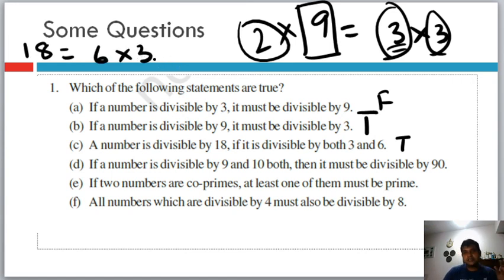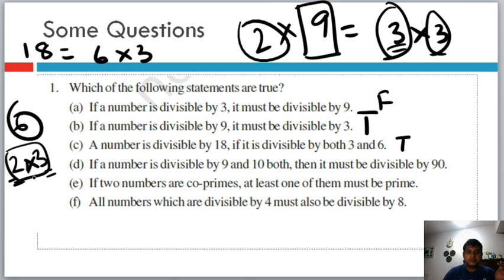In divisibility, what happens is that if the factors of the number divide, so for example 6, the rule of divisibility of 6 is that the number has to be divisible by 2 and 3. Why? Because 6 is 2 into 3, right? And 18 is 6 into 3. So if a number is divisible by 18, it has to be divisible by both 3 and 6. So that is true.